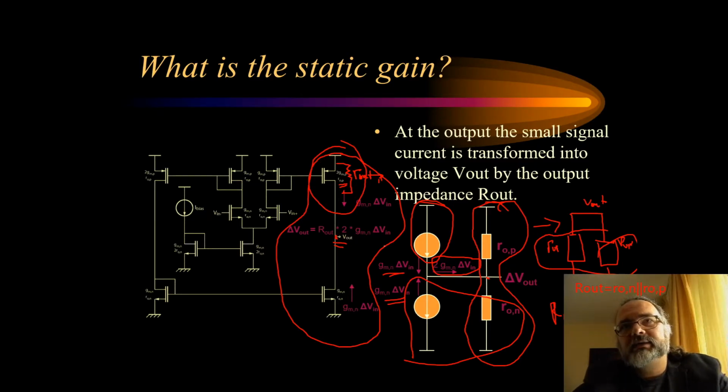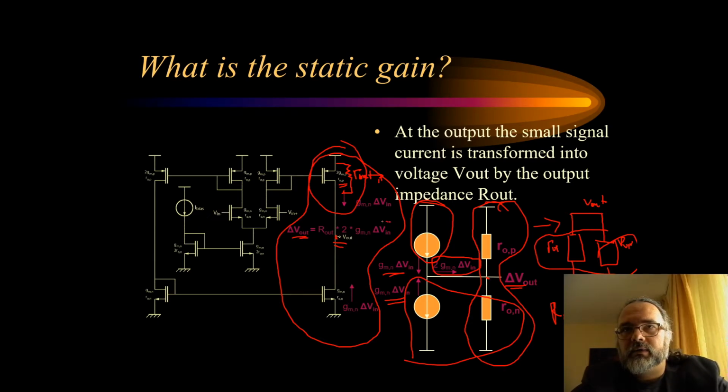This means that this imbalance in the currents, or the excessive currents 2 times GMN delta V in, will be translated into output voltage, delta in the output voltage, through the output resistance of this node, of the output.